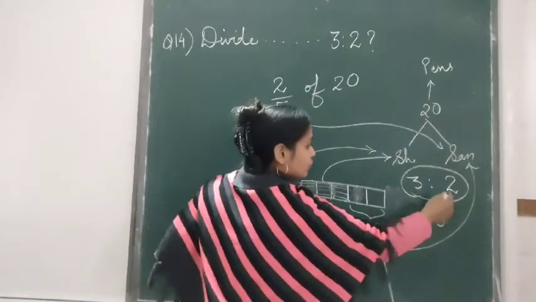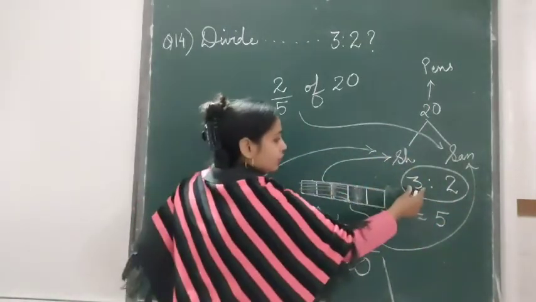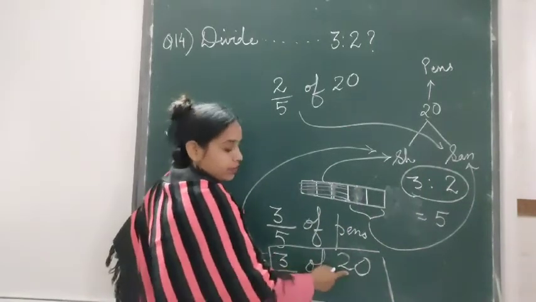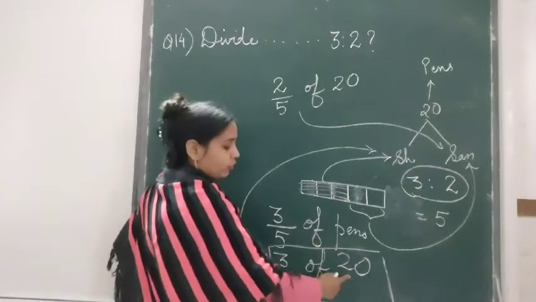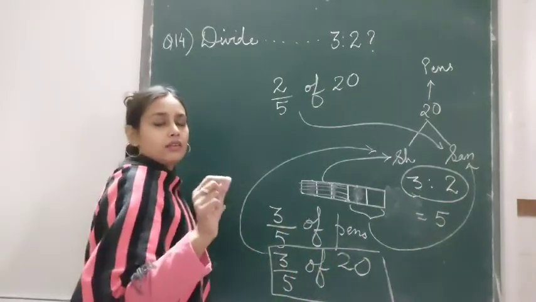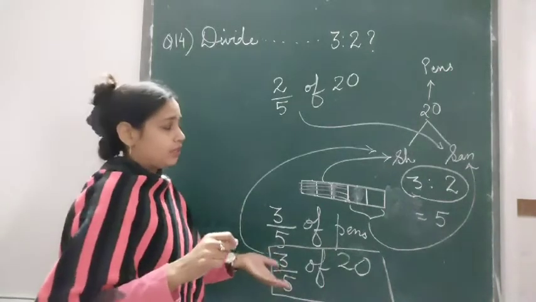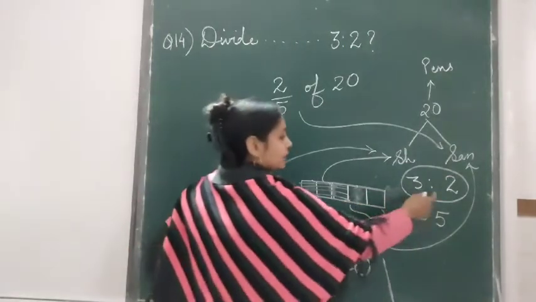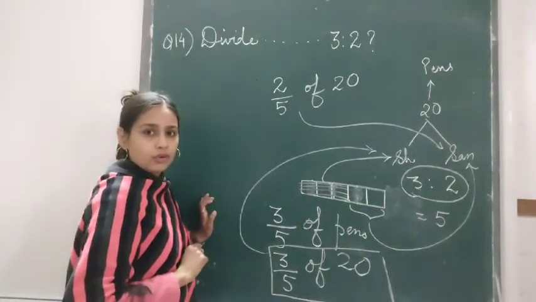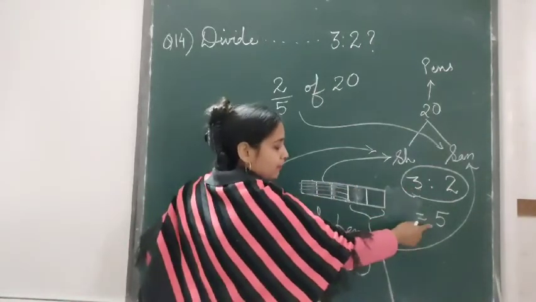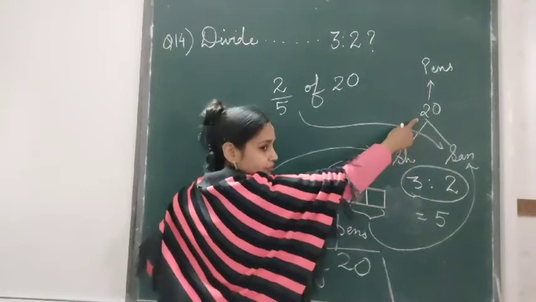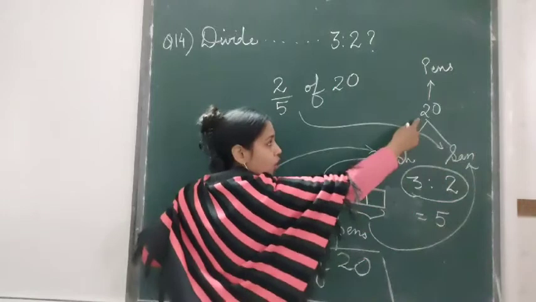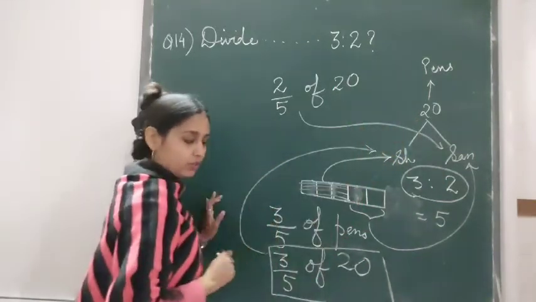We add the ratios, and then find out the parts from the total which has to be distributed. That is your total number of pens. So again, we add the total ratios, and then first part by the total of the ratio, then second part by the total of the ratio, times the number given. Okay, so let's do it.